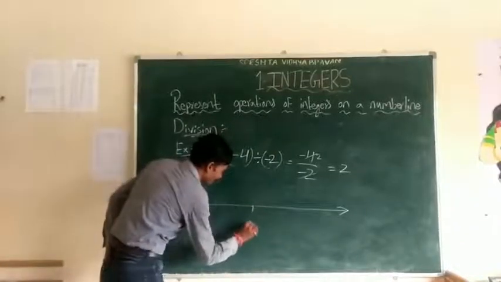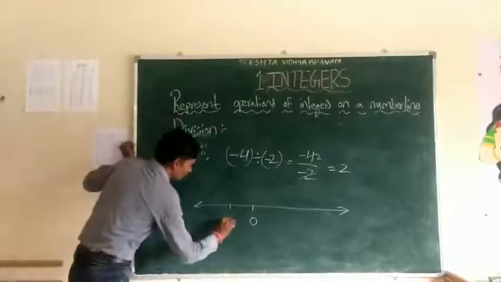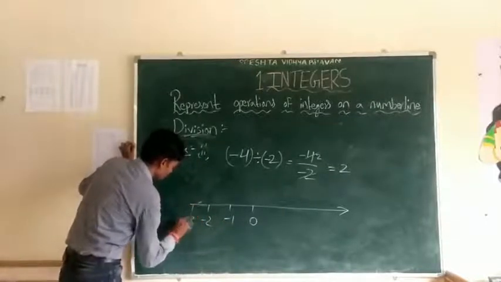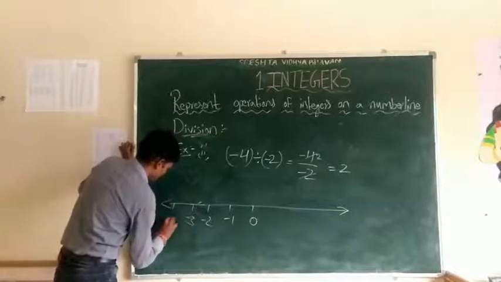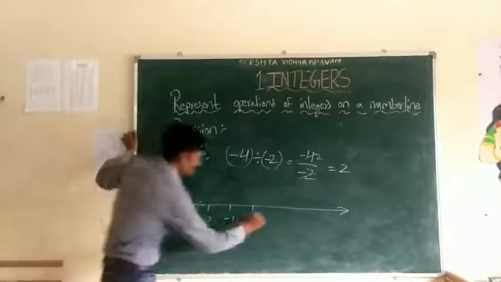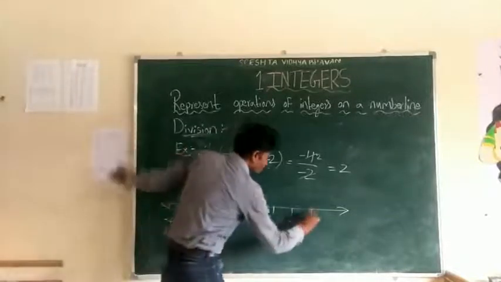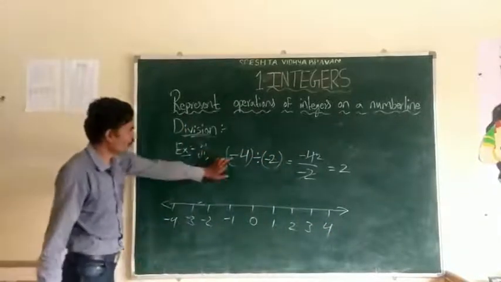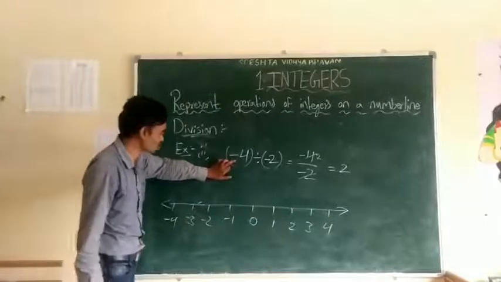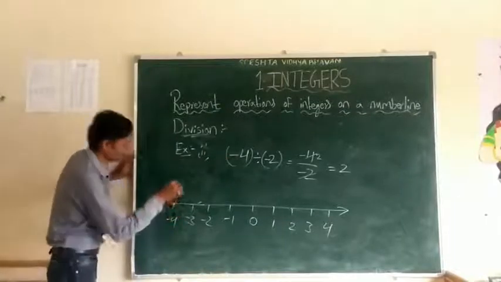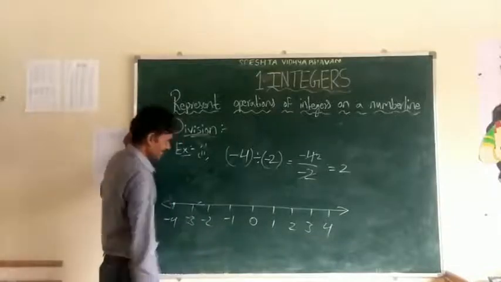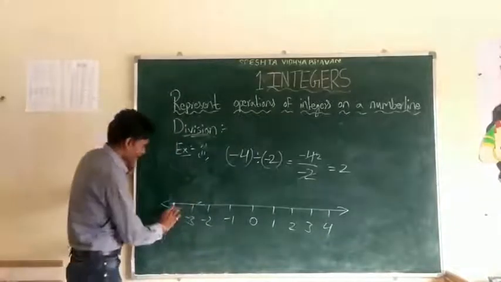That means take a number line 0, minus 1, minus 2, minus 3, minus 4. And it is a forward direction 1, 2, 3, 4. Okay, now minus 4. Where is it? First one indicates minus 4, and it is in the direction of the right side. That means minus 4.